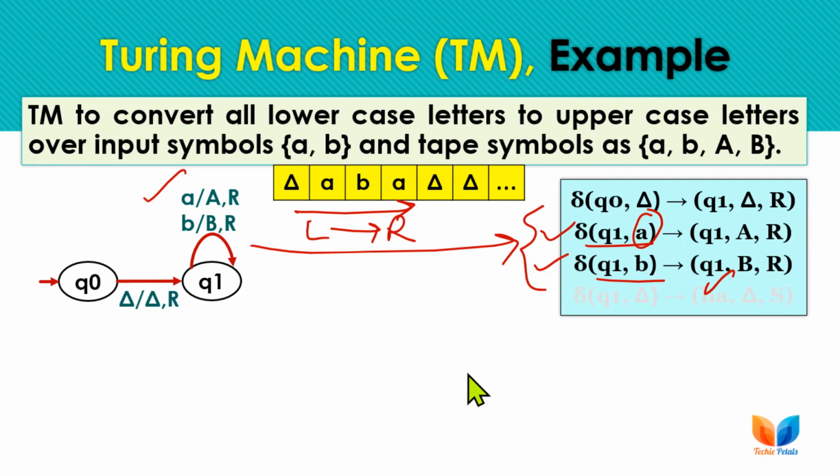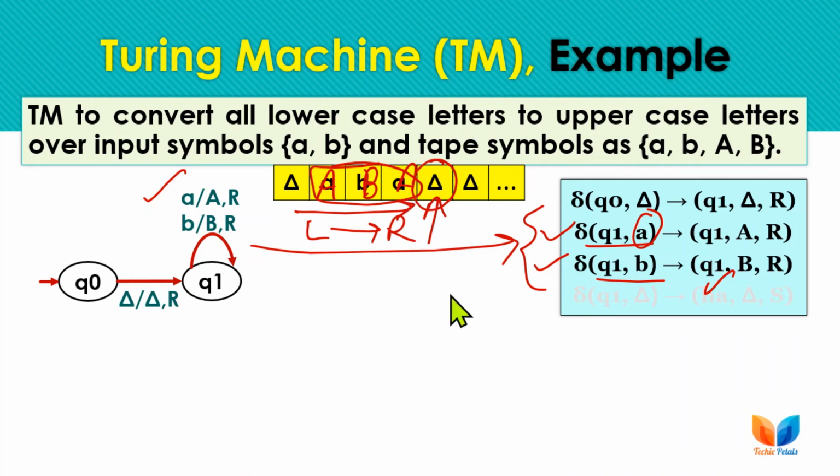Now, once we are done with all the input symbols and all of them are converted to capital letters, the tape head will be pointing to a blank. Just as we had a blank before the first input symbol, we have a blank after the last input symbol too. After reading this blank we must show acceptance, so we must move to a halt state.